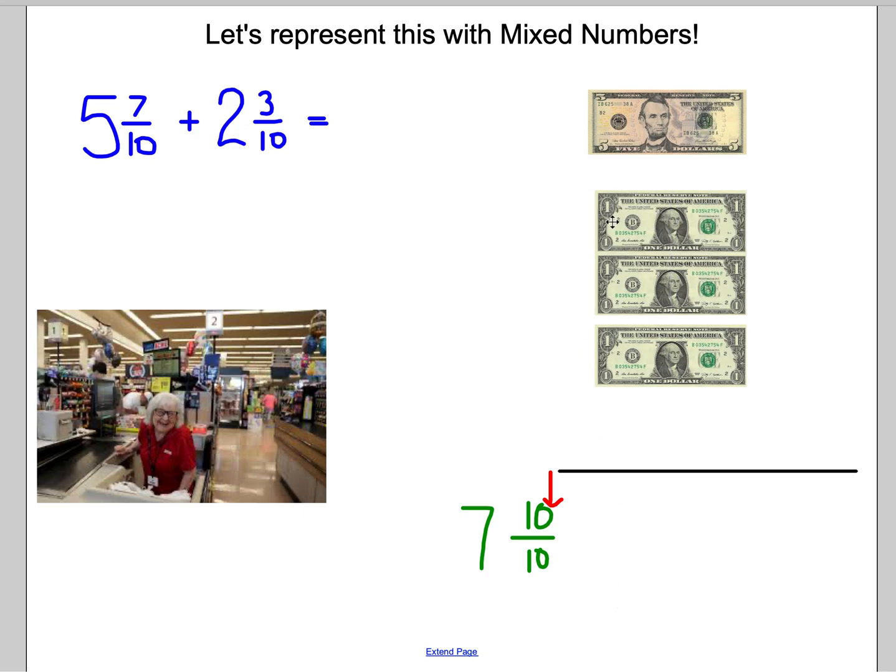So how much money do we have now? Looks like we have 8 whole dollars, and there's no fraction left. 5, 6, 7, 8. So 7 and 10 tenths is equal to 8 whole.